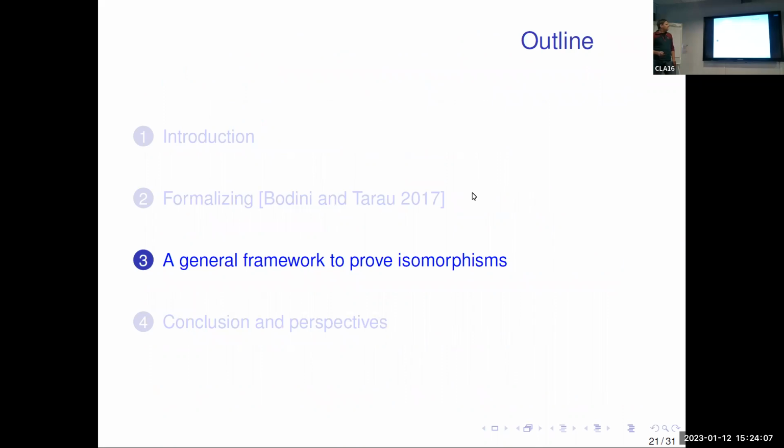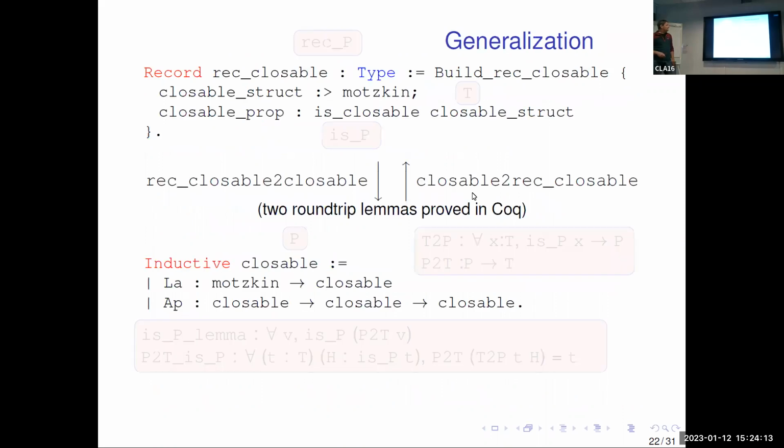Now I will talk a bit about the framework to prove isomorphism. Here I recall what our first example was, which is the correspondence between closable and reclosable. If you look carefully, you will notice that with uniquely closable we are doing exactly the same kind of thing.